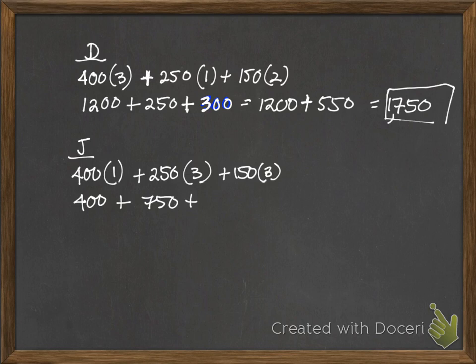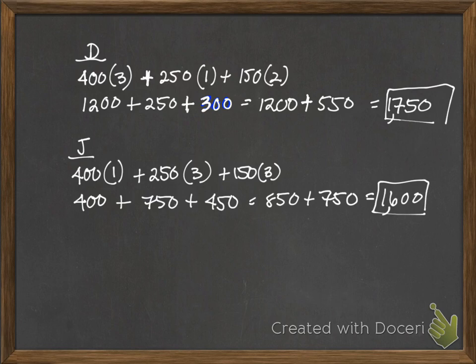Plus 150 times 3 is 450. If we add this up, 400 plus 450 is 850, plus 750, and it becomes 1,600.